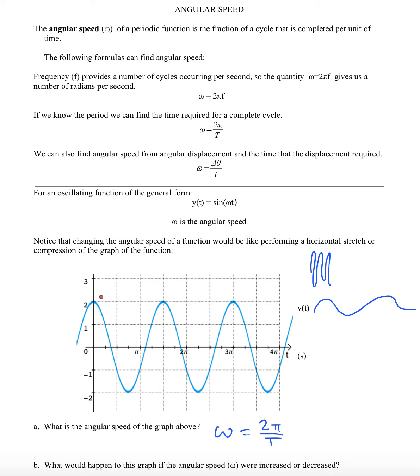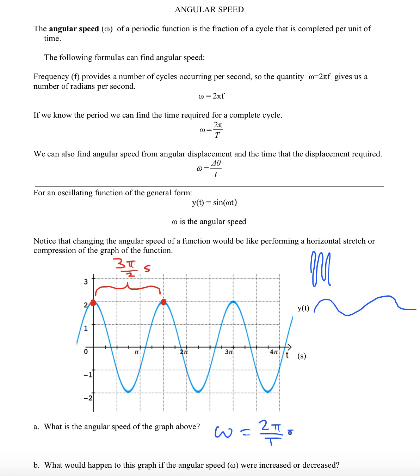So in order to measure the period, we just have to find when the function's in one phase and it comes back to that same phase. And let's just get the time between those two events. It looks like 3 pi over 2 seconds.